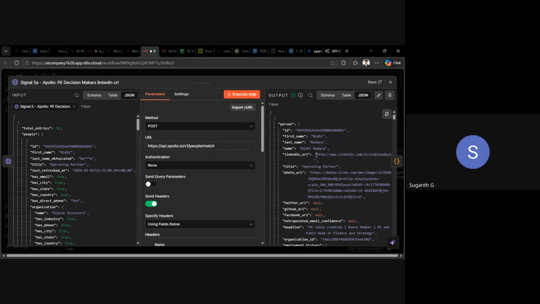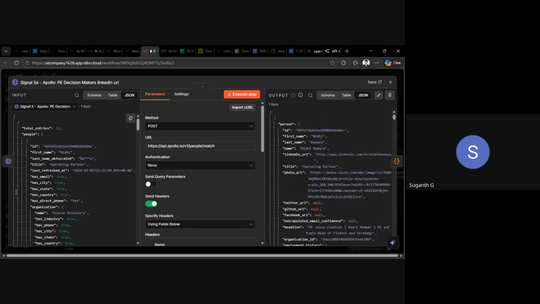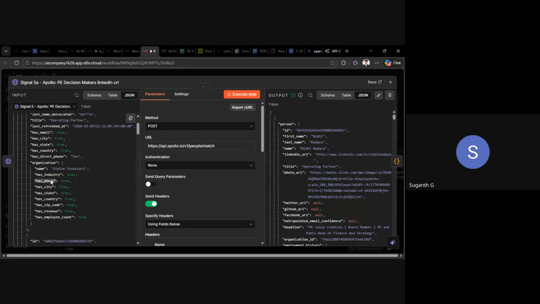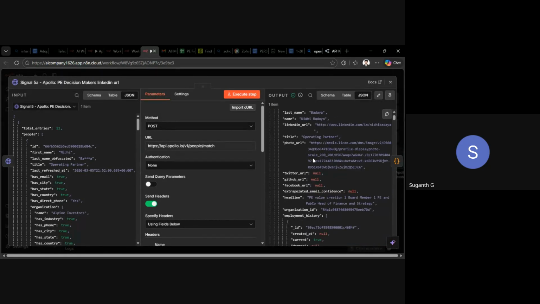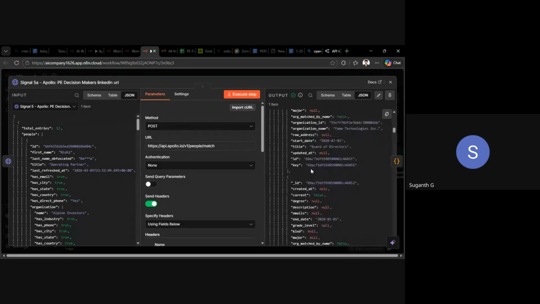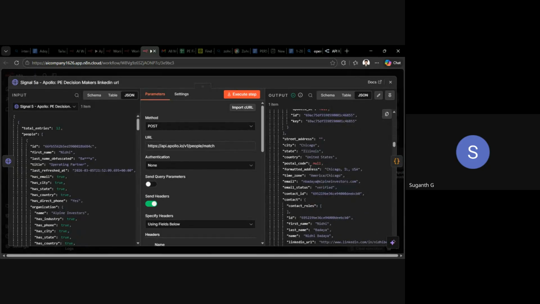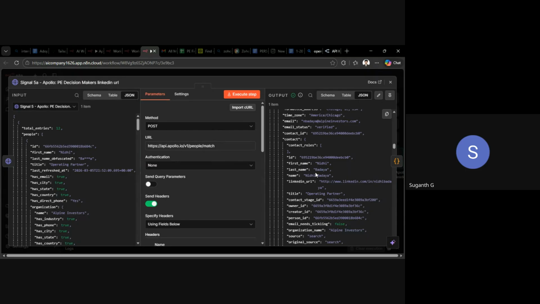LinkedIn URL and mobile number and every detail here. So this is the previous node. This doesn't have any LinkedIn URL or any contact or mail ID. So we have enriched the data using Flow. So we got their LinkedIn ID and mobile number also. We got every detail of their contact from Flow using enrichment.